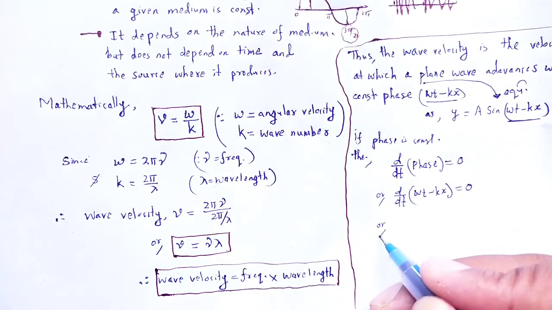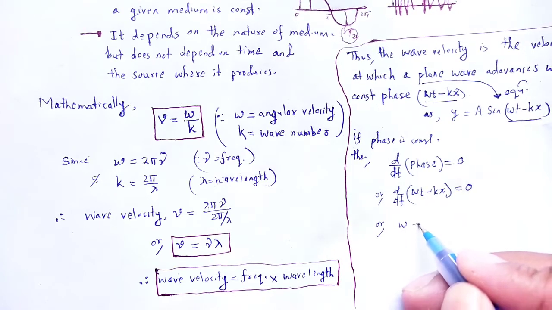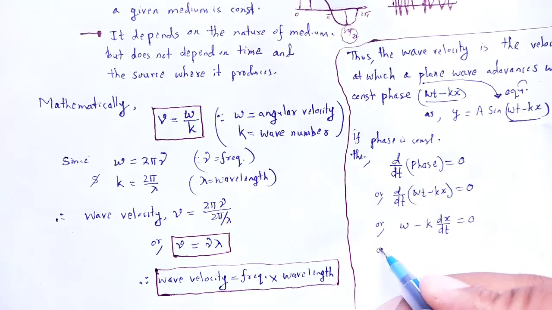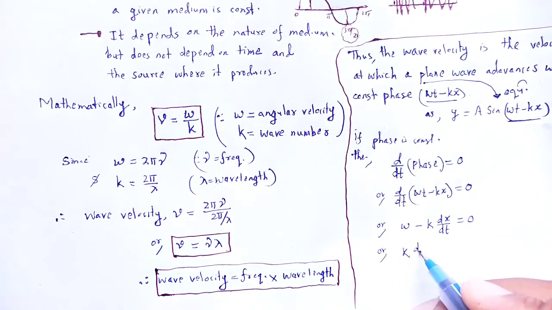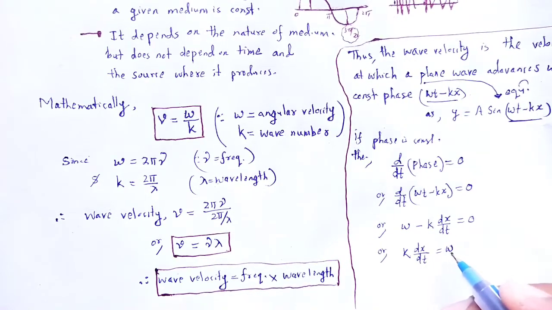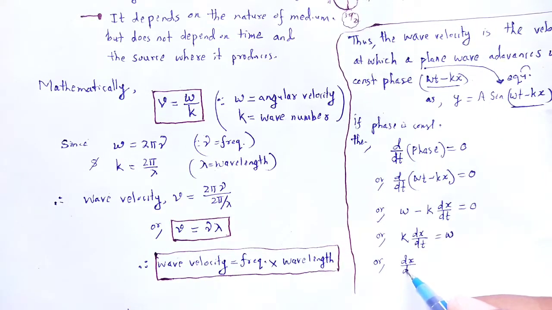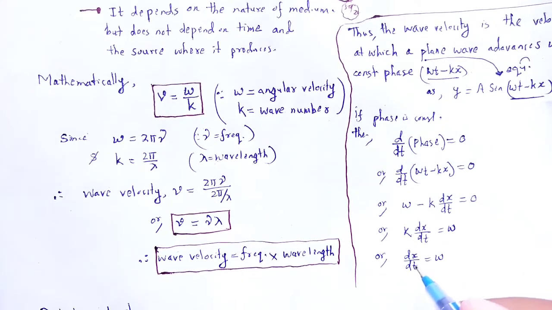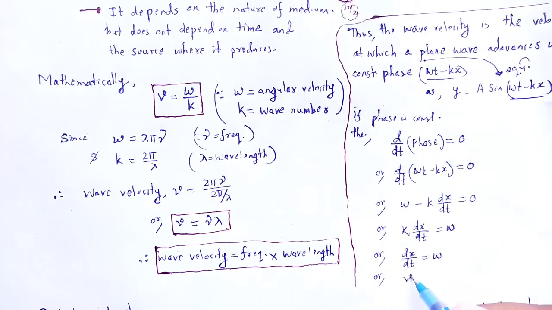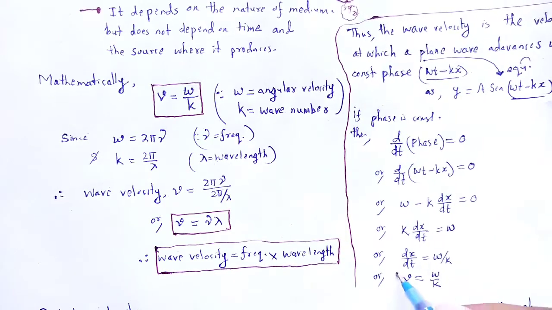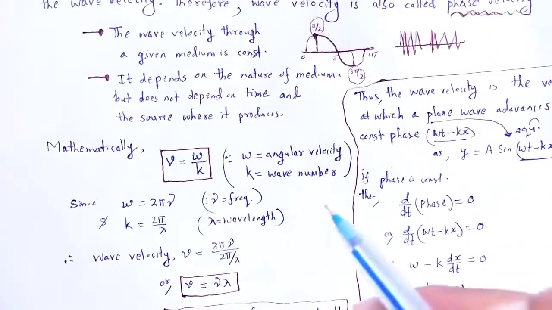Its differentiation gives omega minus k dx by dt is equal to 0, or k dx by dt is equal to omega, or dx by dt is equal to omega by k. Here dx by dt is the wave velocity, that is, wave velocity v is equal to omega by k, as we mathematically write it.